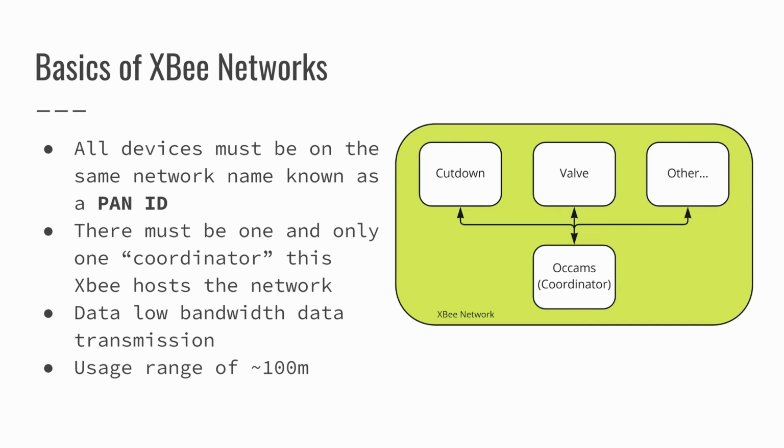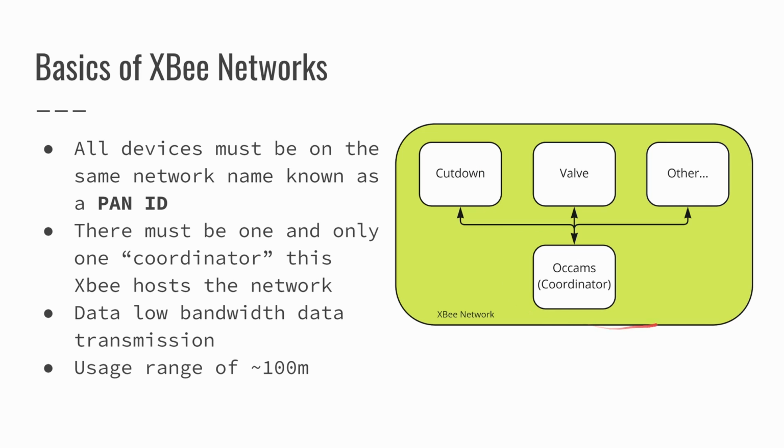Basics of an XBee network. All devices must be on the same network name, known as a PAN ID. So basically everything is sharing the same name, or channel, so everything knows that they're all communicating with each other. There must be one and only one coordinator.